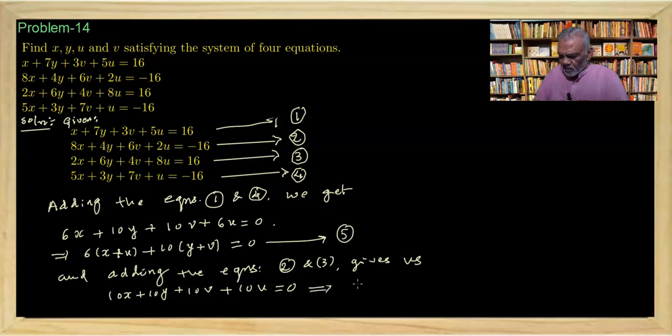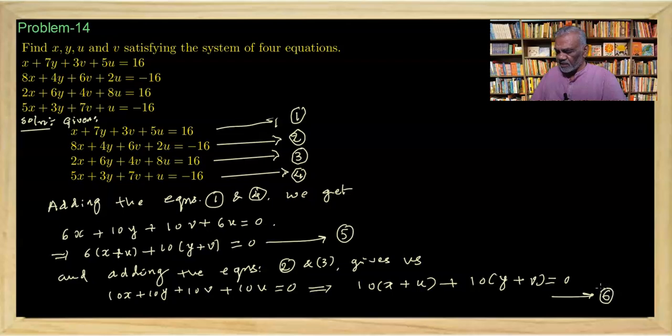This implies 10 into (x plus u) plus 10 into (y plus v) equal to 0. Let me call this equation number 6.